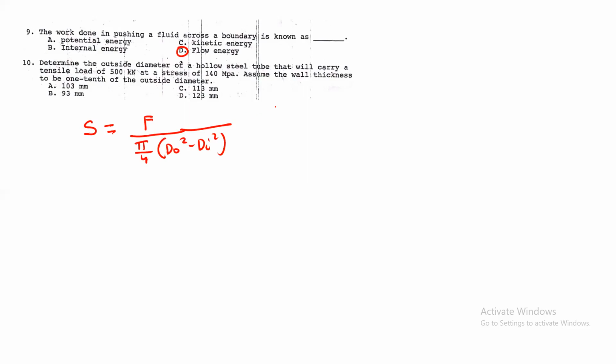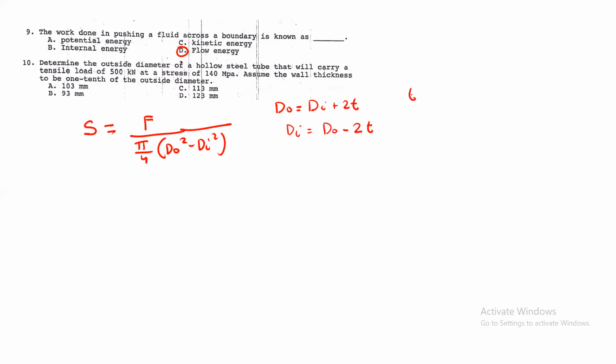Kunin muna natin si dO. So, dO natin is equals to di plus 2t. Hinanap natin dito yung dO. Kunin mo na si di is equals to dO minus 2t.